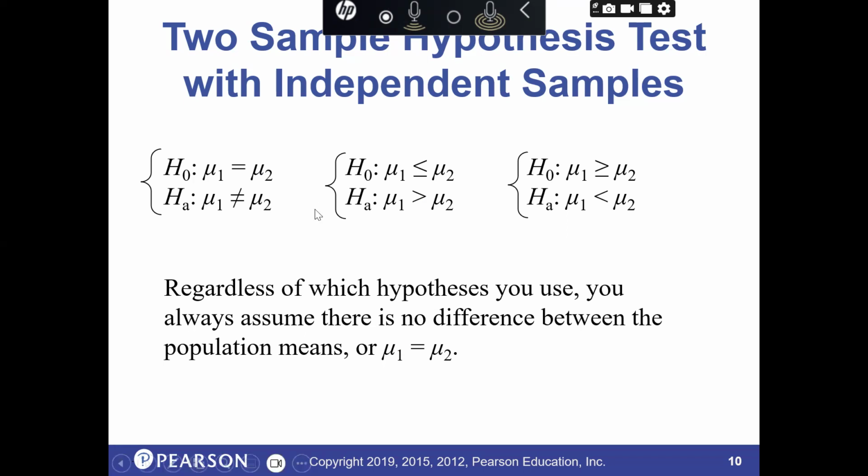All right, so the claim could be that mu1 is less than or equal to mu2. It could be the claim is that mu1 is less than mu2. So notice the very top always somehow has an equal sign somewhere there. On the bottom, there's no equal sign. Actually, the equal sign is rejected on the first one, which has a greater than symbol for the second one, a less than symbol for the third one.